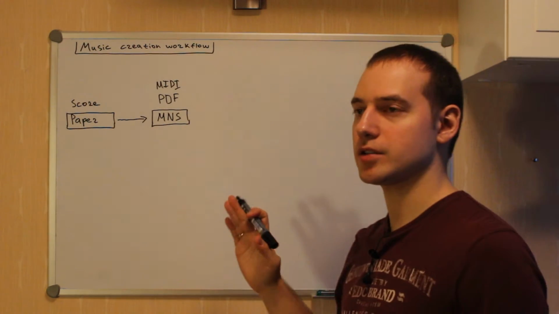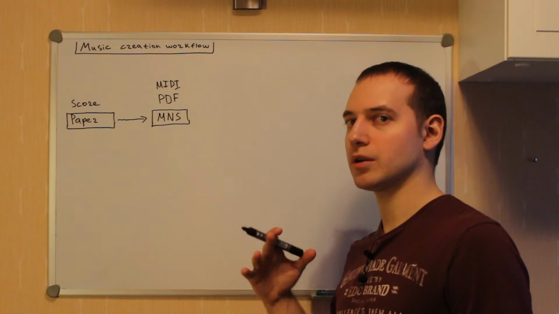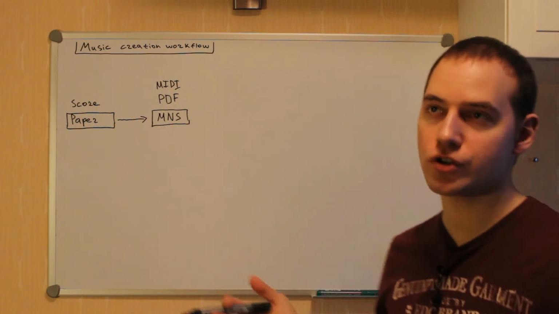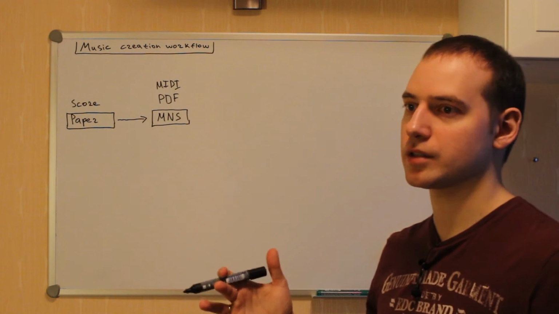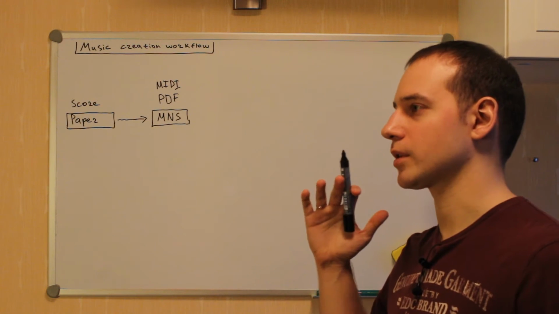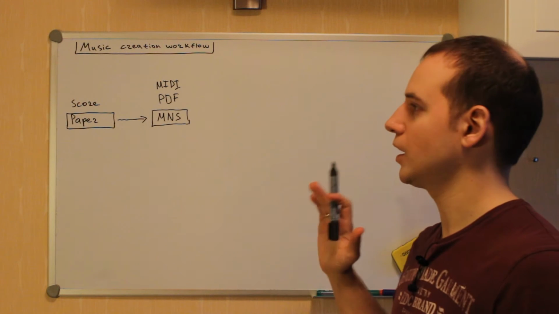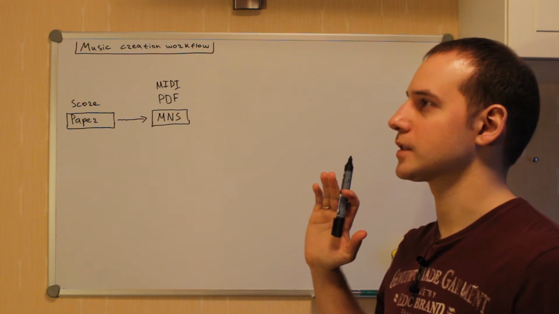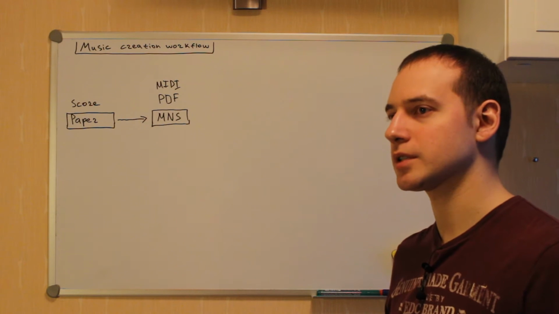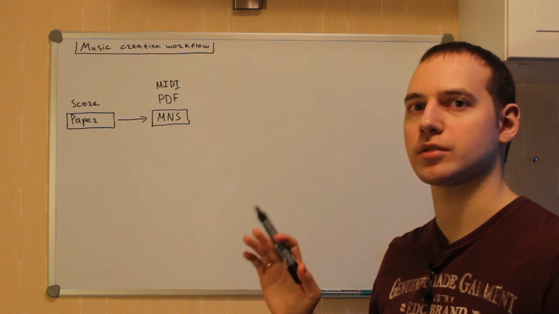Now the music notation software allows you to create the score from scratch, to analyze it, to use some automatic arrangement techniques, some algorithms, to see all different instruments at the same time and to see how they interact.